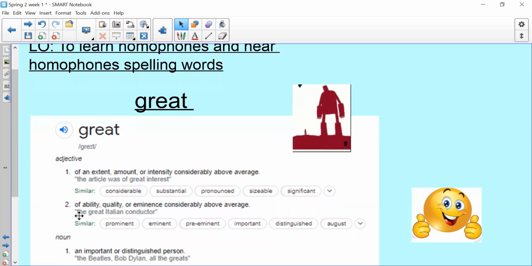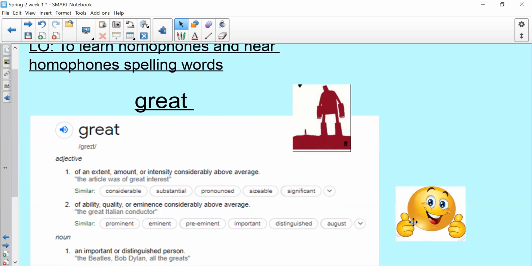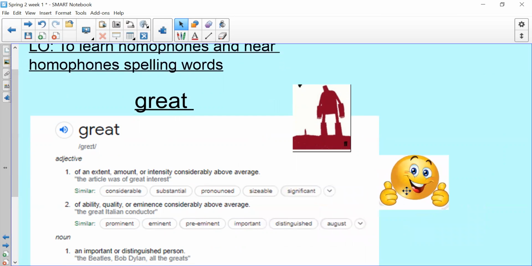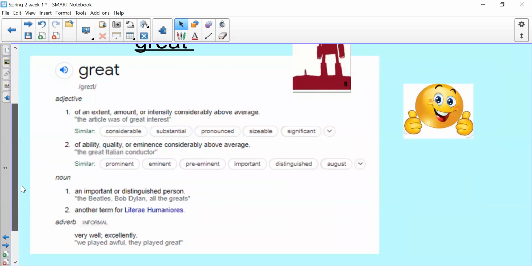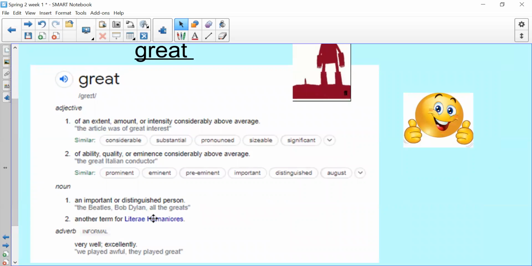Okay, or of ability, quality, considerably above average. So your learning was great today. It was above average. Okay. And it can also be used as a noun, an important or distinguished person. So the Beatles, they were a band.